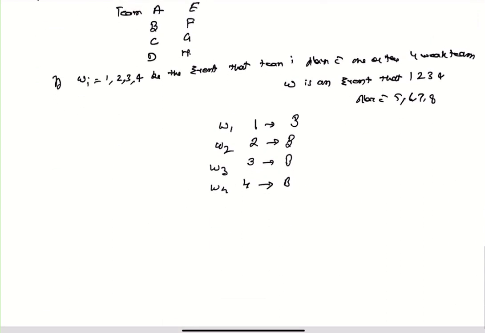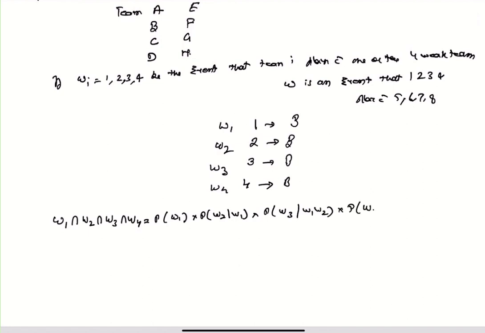So W1 and W2 and W3 and W4, now this is the law of iterative probabilities, is going to be the probability of W1 times the probability of W2 knowing W1 times the probability of W3 knowing W1 and W2, times the probability of W4 knowing W1, W2, W3.